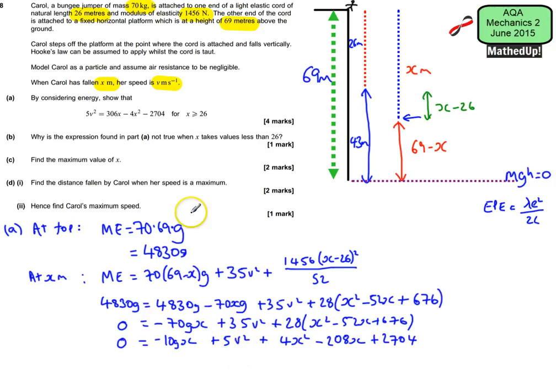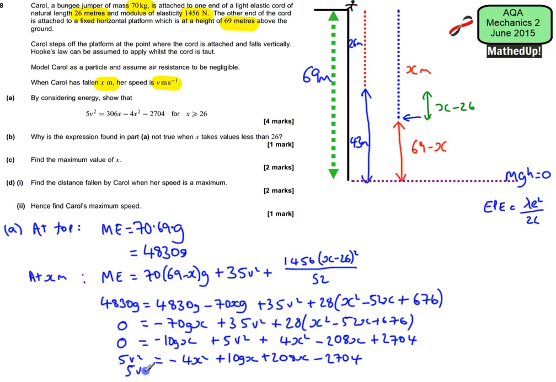So I've got this 5v squared and I want that to be on my left hand side, so let's bring 5v squared over here, and that's going to be equal to negative 4x squared plus 10gx plus 208x, take away 2704.